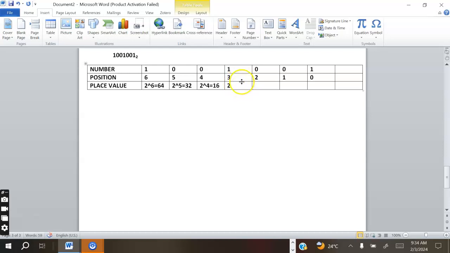While this one raised to power 3, it's supposed to give us 8. While 2 raised to power 2 will give us 4, while 2 raised to power 1 is supposed to give us 2, and lastly 2 raised to power 0 is supposed to give us 1. As usual, the rule of integers, anything raised to power 0 is always 1.